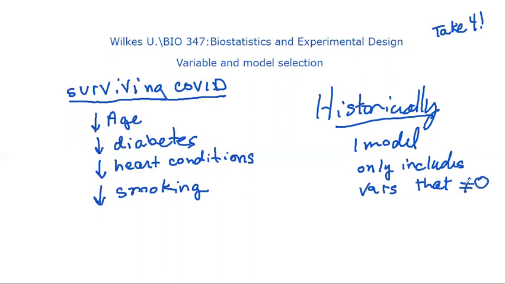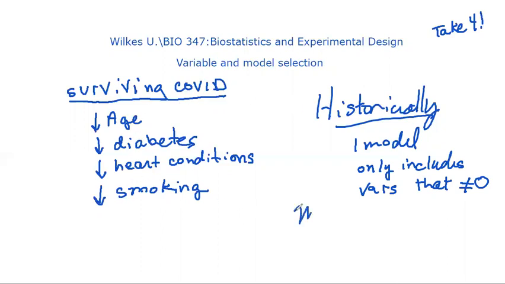In other words, their coefficients are not equal to 0. So if their coefficients were statistically significant and different from 0, then they would be included in a final model, okay?